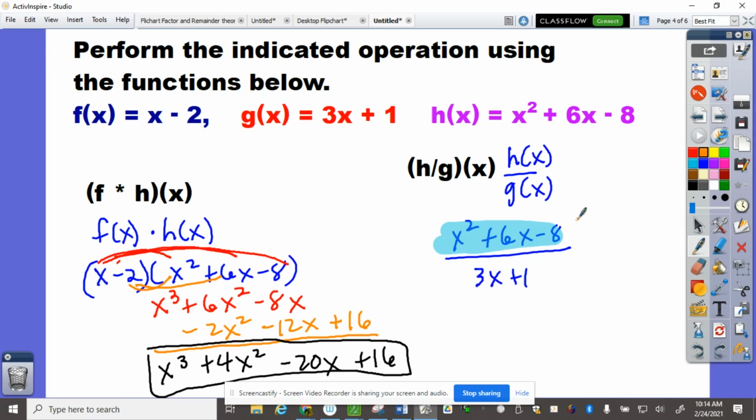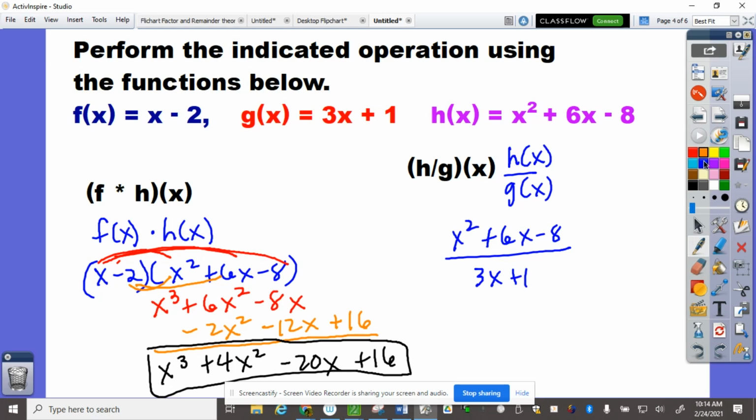If we try to factor this one here, let's try 8 and 1, 4 and 2. Nope, it's not going to be factorable because if both are negative, it will be positive 8. So it will make it positive there. It's not going to be factorable here, so we don't need to try it. But sometimes you have to look if it's factorable. If it's factorable, you have to simplify it.